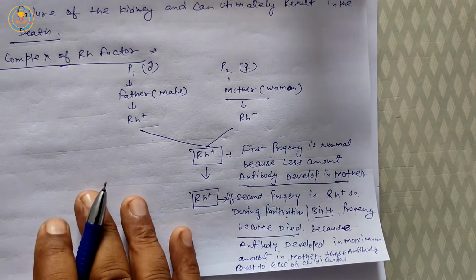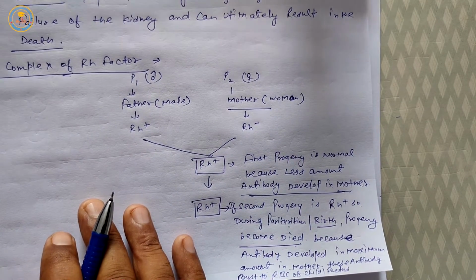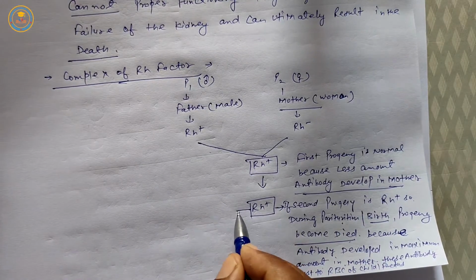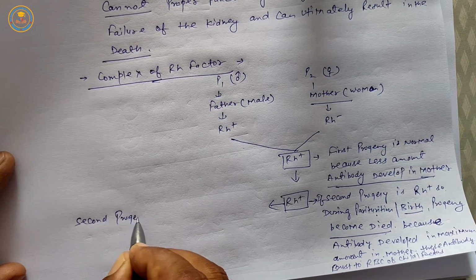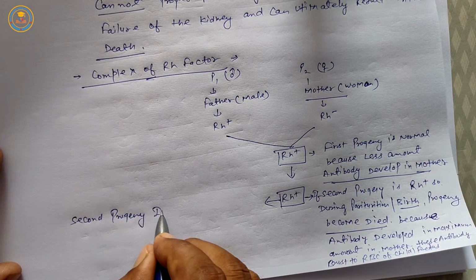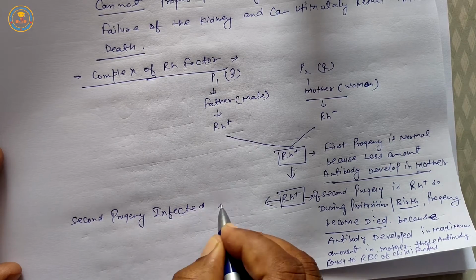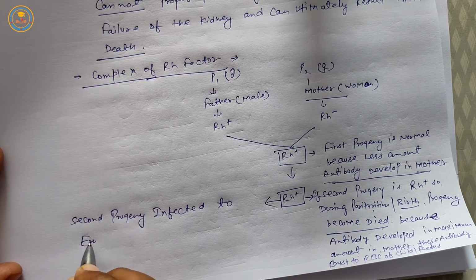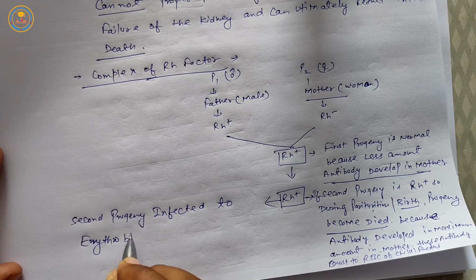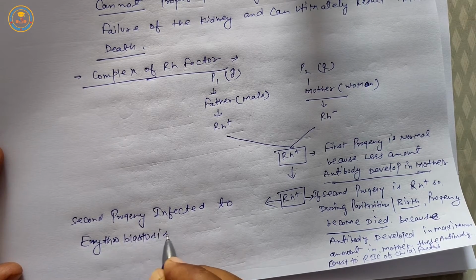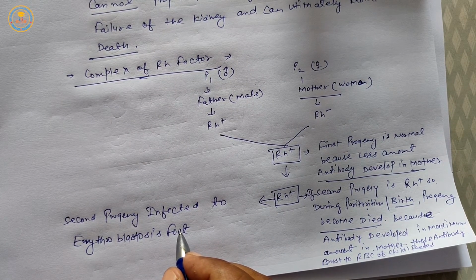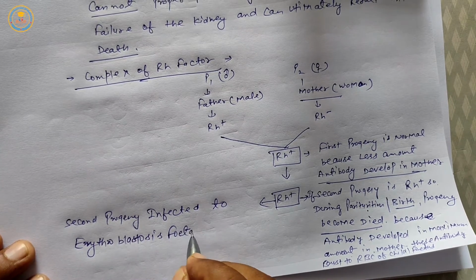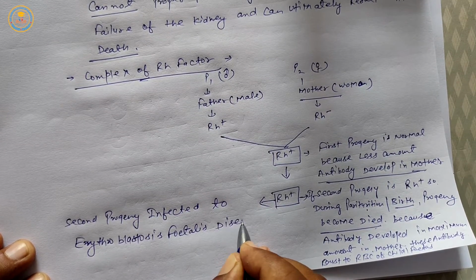These antibodies burst the RBC of the second progeny, which becomes infected with erythroblastosis fetalis disease.